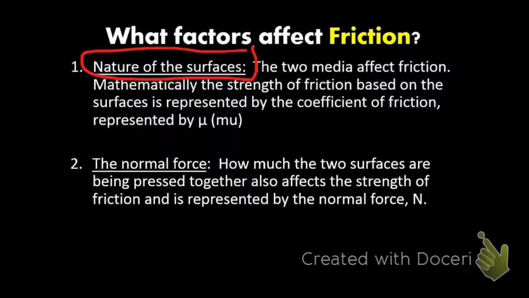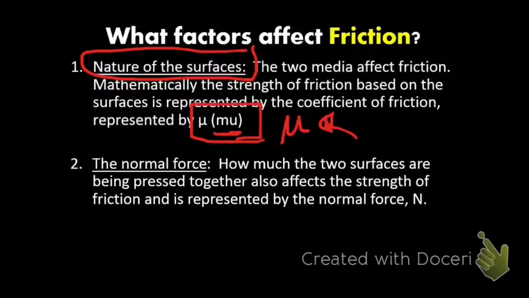We distill this into a single measurement that we call mu, written as a little cursive looking u. It's actually a Greek letter, mu, and that is going to represent the coefficient of friction. That's basically telling you how rough or how smooth the two surfaces are.